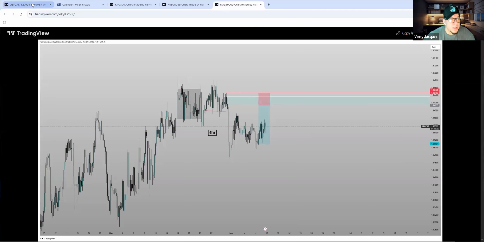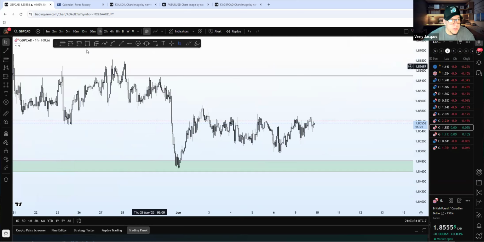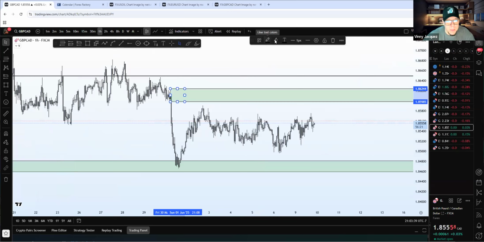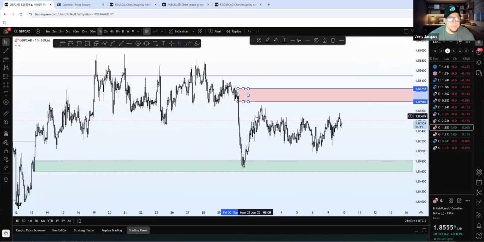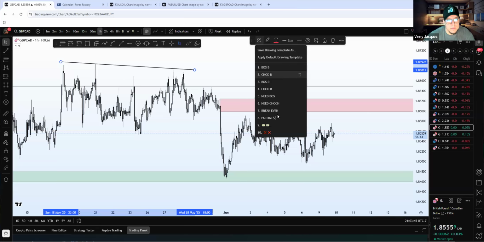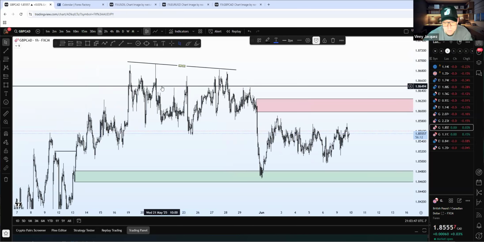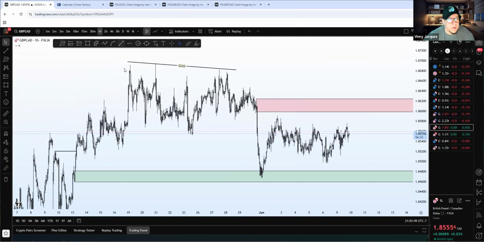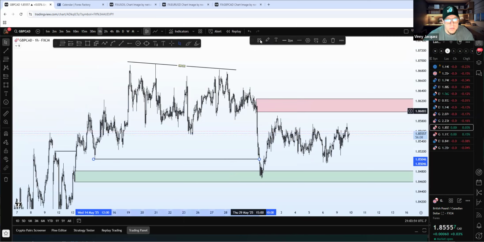If you're looking for sales, that would be the area I would be targeting. Again, this is the counter trend sell we were talking about, right? Somebody has to get clapped. And I'm definitely liking the buys because we do have equal highs, and we did sweep liquidity.